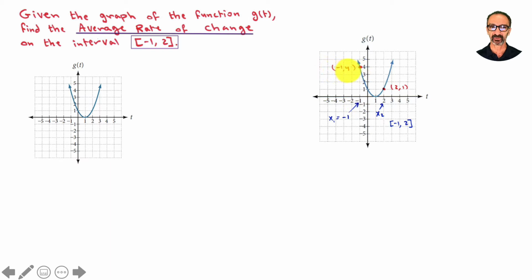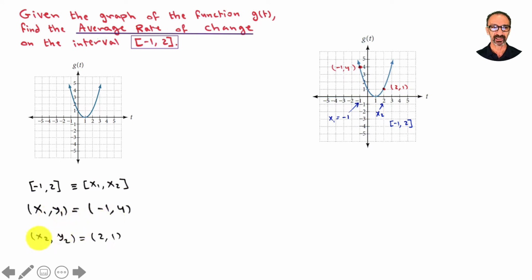I have them: -1, 4 here, and 2, 1. So this is an interval. That means this is x1 and this is x2. So once you locate the points on the graph, x1, y1 is -1, 4, and x2, y2 is 2, 1.